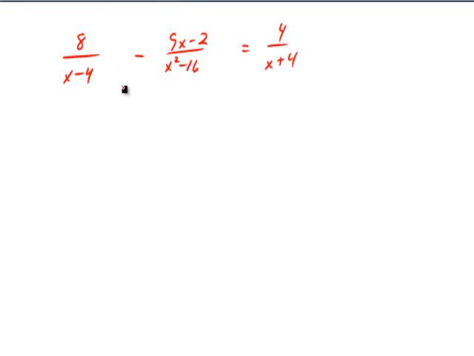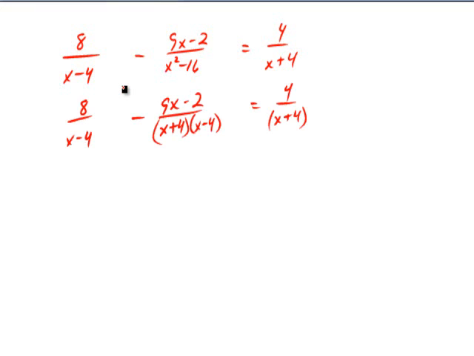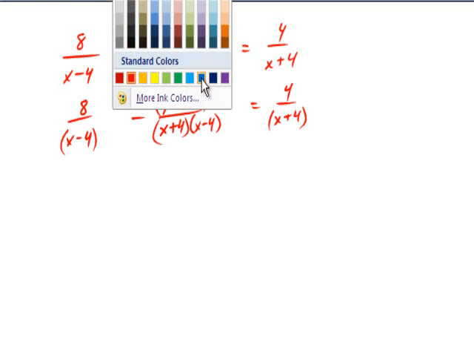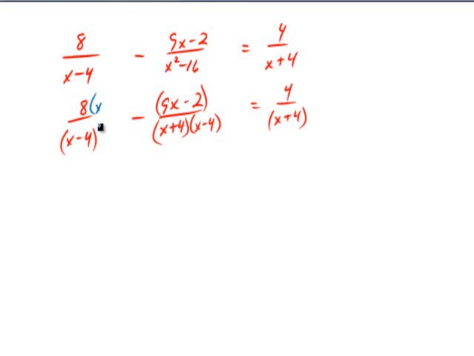In this equation, my denominator in the middle fraction can be factored down, so let me factor it down. X plus 4, x minus 4. My least common denominator is x plus 4, x minus 4, so let's multiply each fraction by x plus 4, x minus 4.